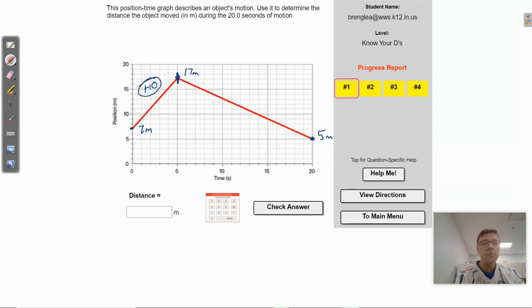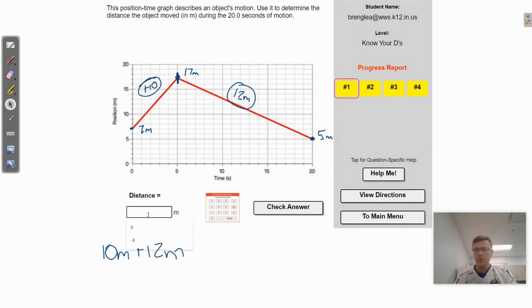You don't have to put the positive on there because we're just going to be adding these together. And then it does go backwards 12 meters here, but again, the direction does not matter when we're doing distance. So we're literally going to add these two together. It's going to be 10 meters plus 12 meters, and we know that is going to give us 22 meters of distance.